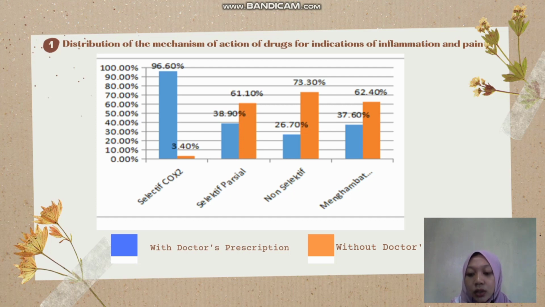Selective COX-2 drugs are safer and avoid serious harmful side effects. Mefenamic acid is also included in non-steroid anti-inflammation drugs that work by inhibiting prostaglandin. Non-selective anti-inflammation drugs and prostaglandin inhibitors are widely used by the public without a doctor's prescription.